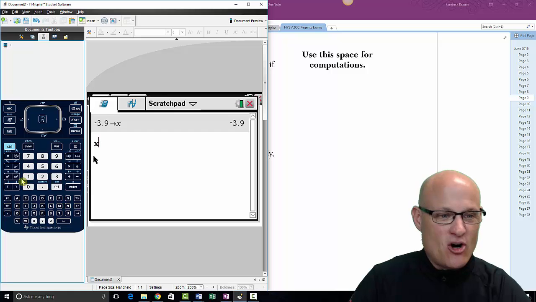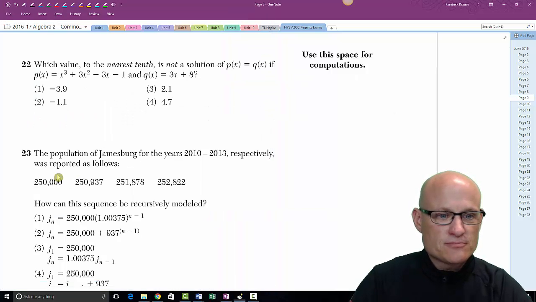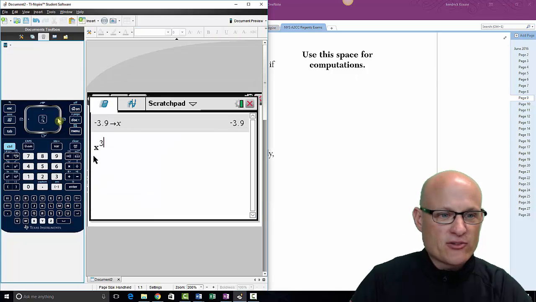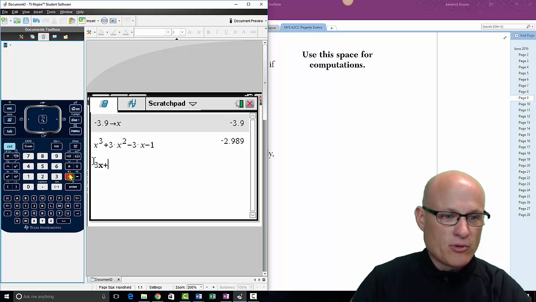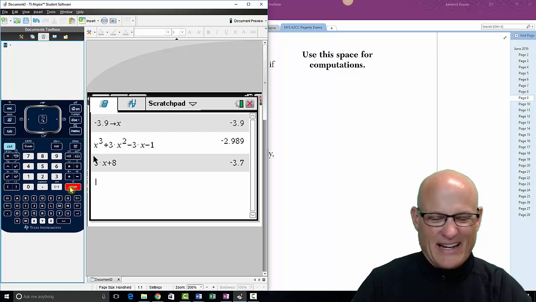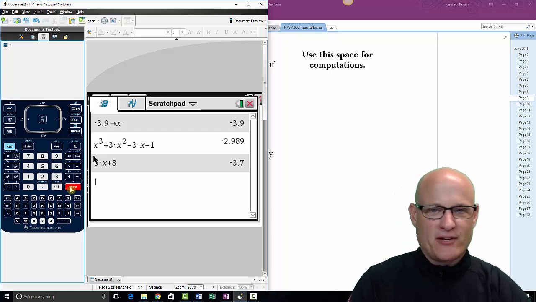Check this out, and this is awful. x cubed plus 3x squared minus 3x minus 1, enter. And then you put it in the other equation, 3x plus 8, and you get, oh my God, those things aren't even close.